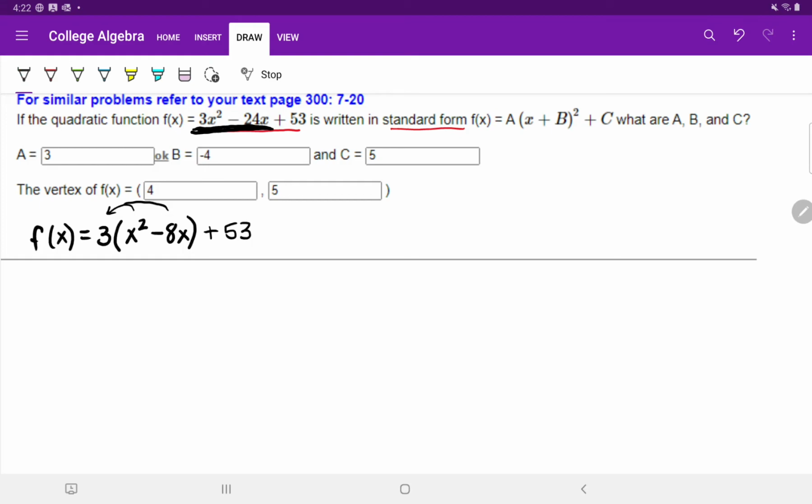And then I'm going to rewrite my function and leave some spaces. So I'm not changing anything right now. I'm just going to leave a little bit of space inside my parentheses, and then I'm going to leave some space outside my parentheses to make a couple of changes. This next part is actually called completing the square.